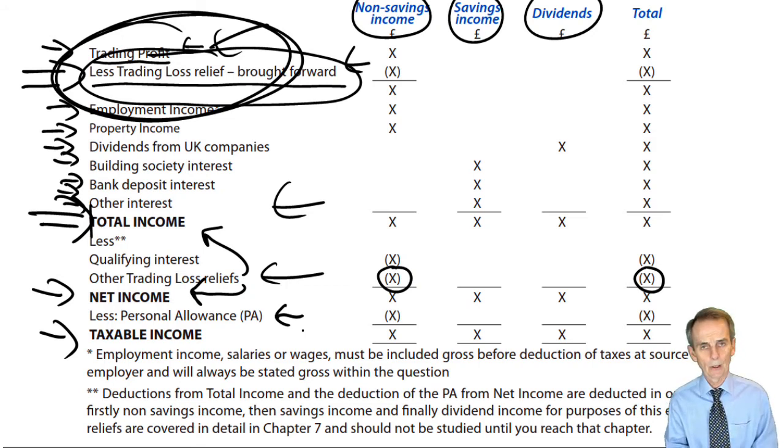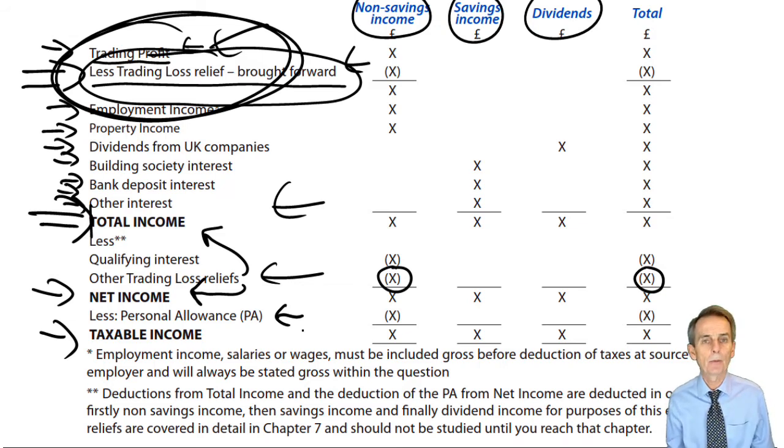All the total income goes, and then there's absolutely nothing to deduct the personal allowance from. So you've wasted the personal allowance. And if you waste the personal allowance, the clue's in the word waste there, it is wasted. Because if you don't use it this tax year, you're not going to be able to use it in any other tax year. With personal allowances, it is that use it or lose it idea.